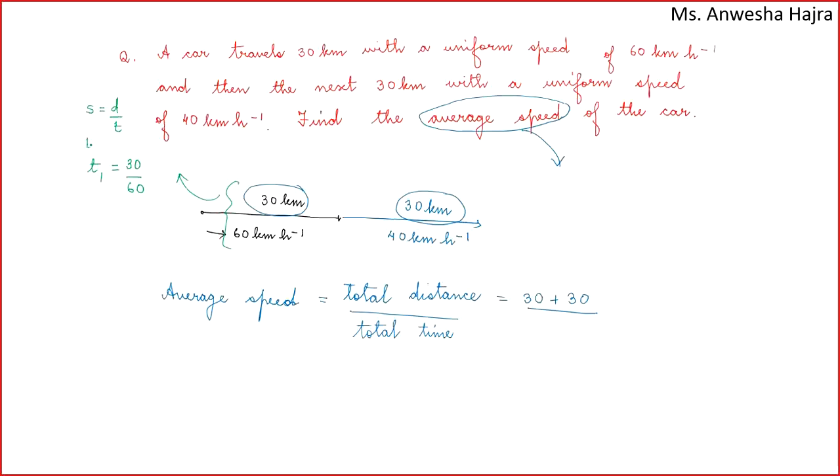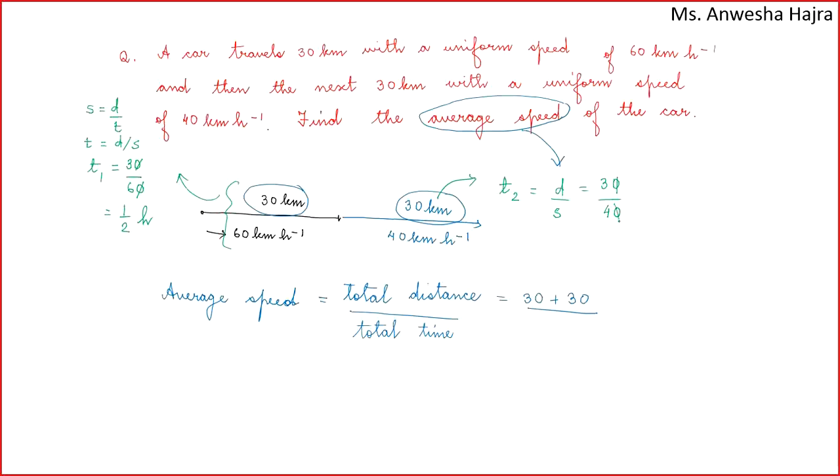So time is distance by speed. So this 0 cancels. It is half hour. Now for the second part, how do we get the time t2? It is distance by speed. Distance is 30, speed is 40.